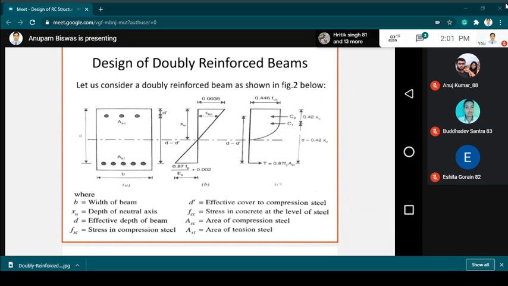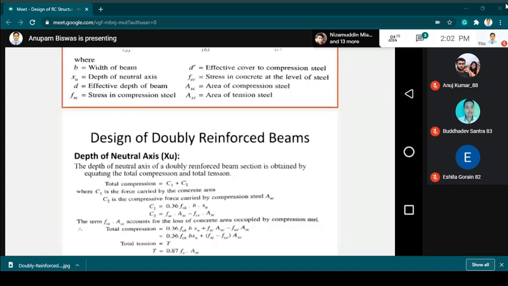So these are the extra terms that have been included compared to a singly reinforced beam, and the remaining things are the same. I hope it is clear. Now moving to the next slide.